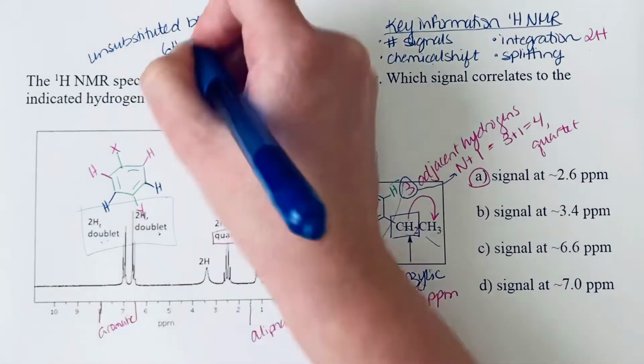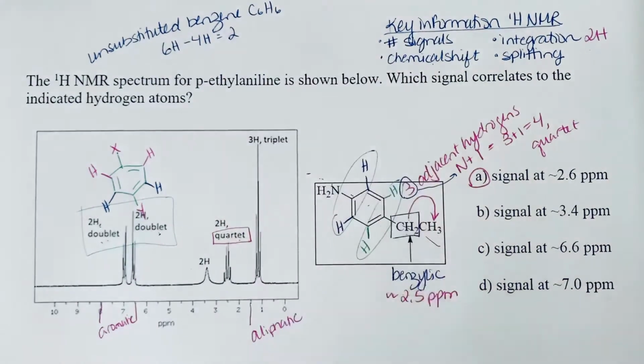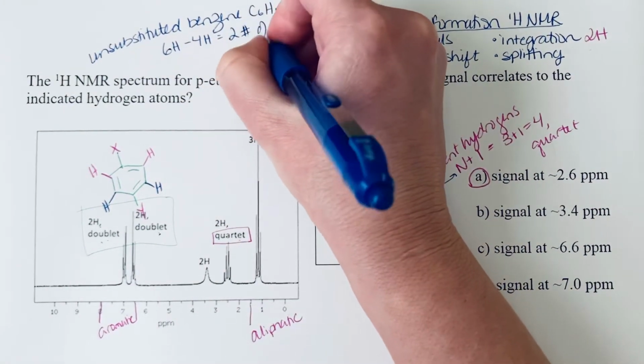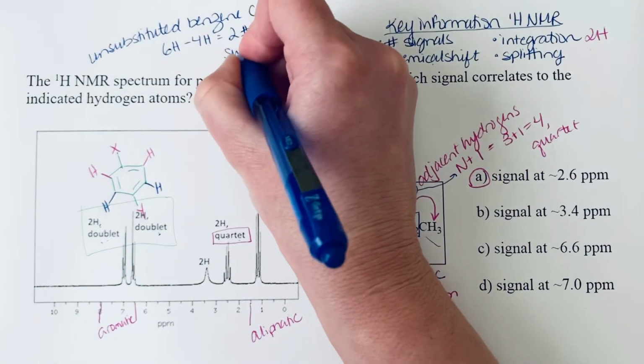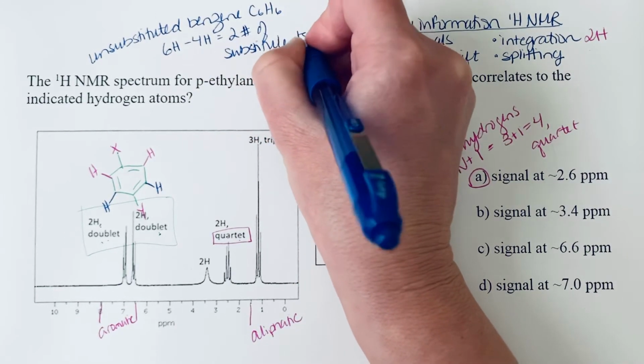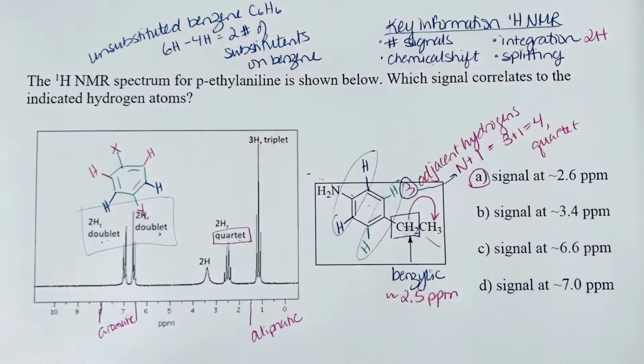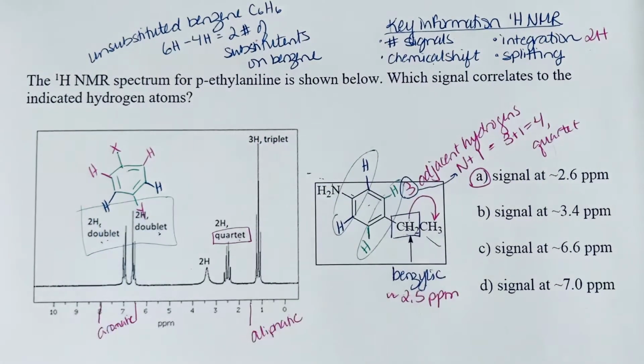This molecule has 4 in that aromatic region. So this tells us 2, which is the number of substituents on the benzene ring. So that's a quick and easy bit of math we can do to figure out how our benzene ring is substituted if we weren't given a structure like we are here.